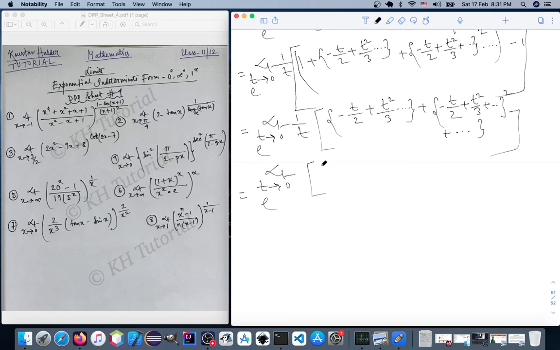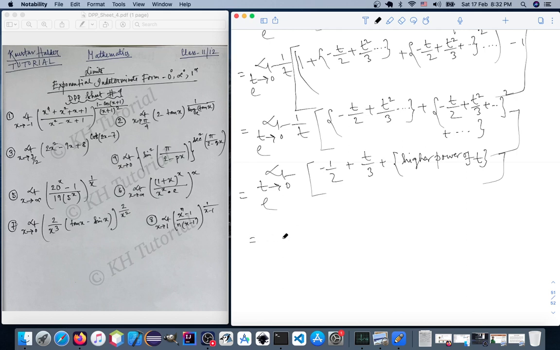So minus half plus t by 3 and higher power of t. So when we substitute t, all these terms from t by 3 onward will be 0 and the rest of the terms will be 0.